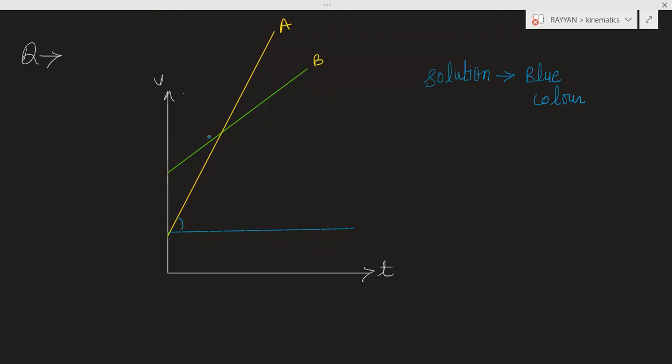So this angle is suppose theta A. Now check the other angle.